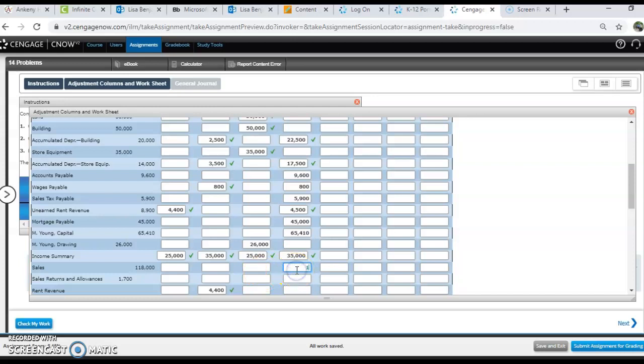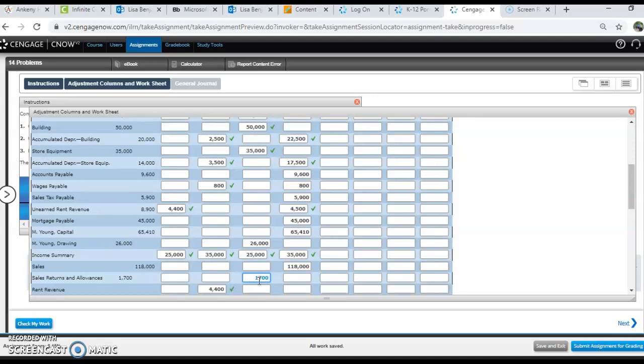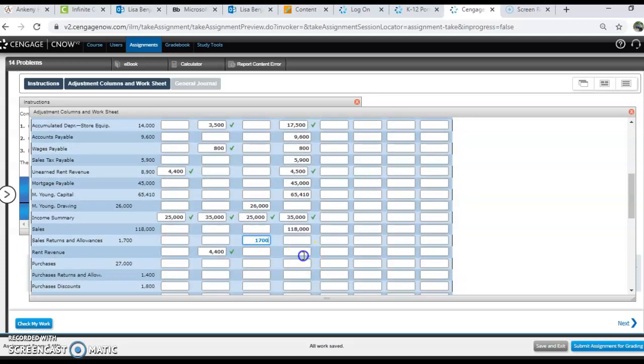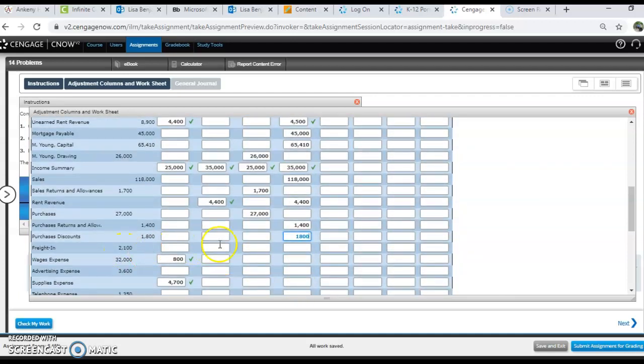Okay, now I'm going to my revenues and my contra revenue and rent revenue. 0 plus 44 is 44. Okay. Going into my purchases and my contra. Make sure you get the contra on the right side. I got 2,104.